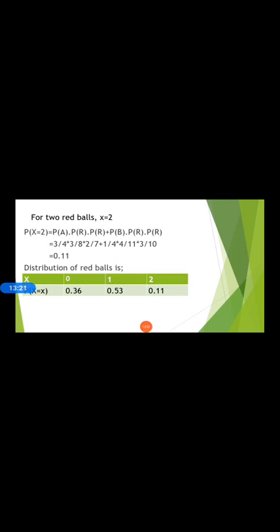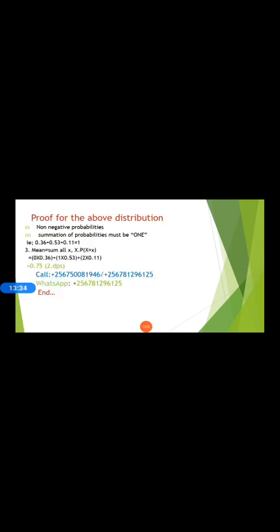People, that is not sufficient that we've formed our distribution. There are underlying conditions for probability distributions, as we are going to see. Proof for the above distribution: 1. It should be non-negative probabilities. If we say non-negative condition, we mean that the probabilities should not be negative.